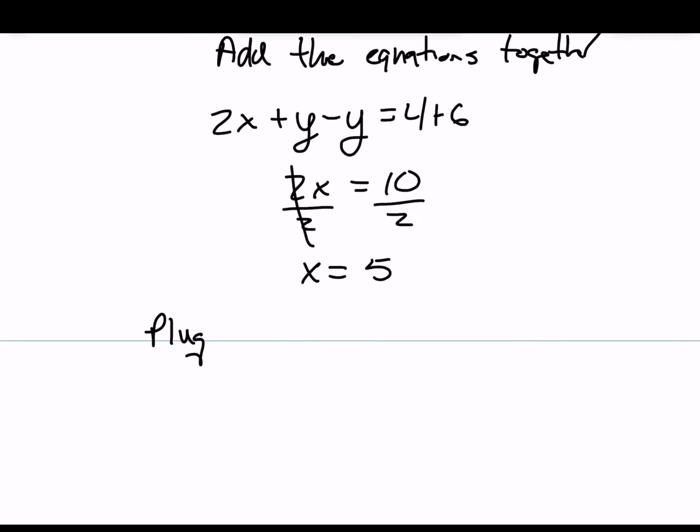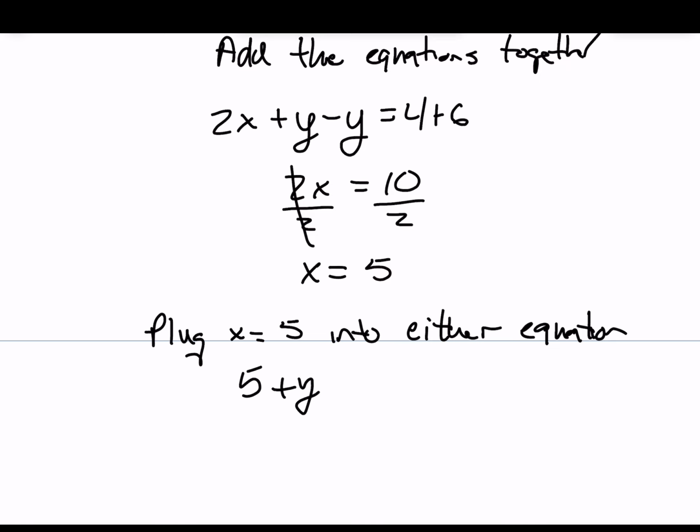Okay? Now we want to plug x equals 5 into either of the original equations. And we can do 5 plus y equals 4. We can solve that by subtracting 5 from both sides.